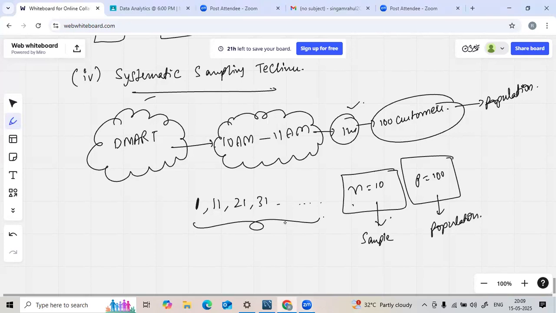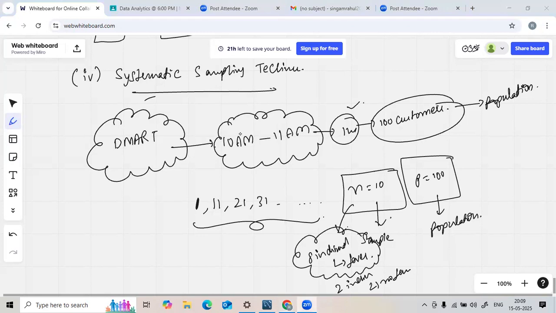Out of these 10 individuals, assume that 8 individuals are having fever and the remaining 2 have no fever. The analytics that we perform is on the sample, right?